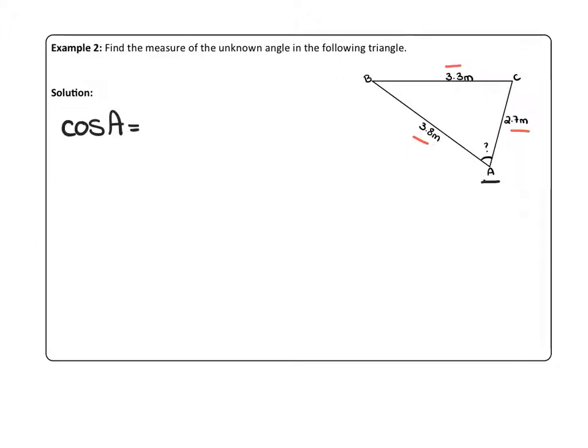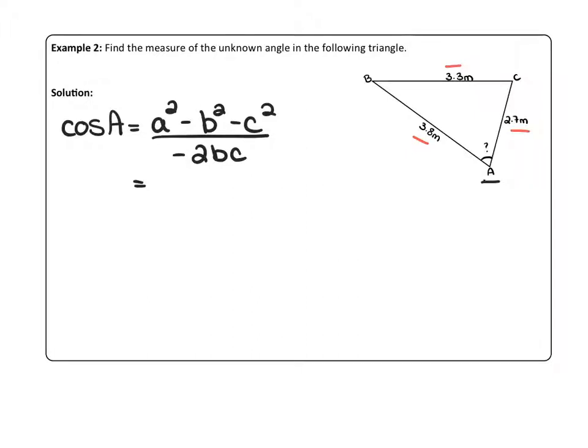Now remember, the side across from it has to come first. So this A has to come first. Minus B squared minus C squared divided by negative 2 times B times C. So then you're going to just plug the numbers in.